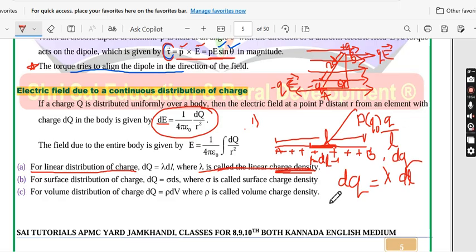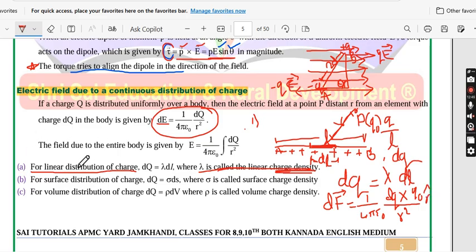Then the electrostatic force dF bar is equal to 1 divided by 4 pi epsilon naught into the small charge dq times q naught, where the distance from that point is r, divided by r square, into, in vector form, r cap.